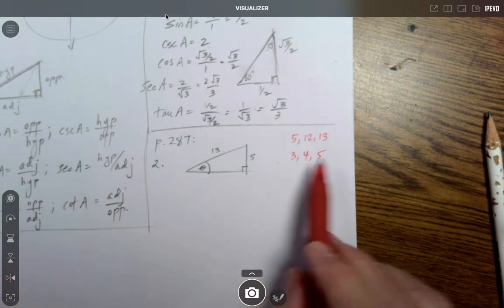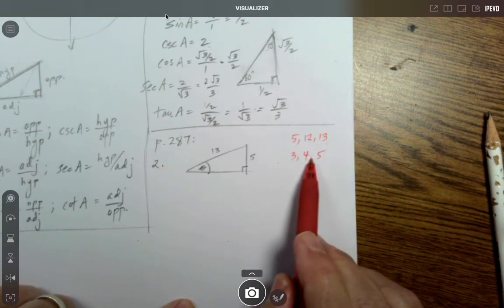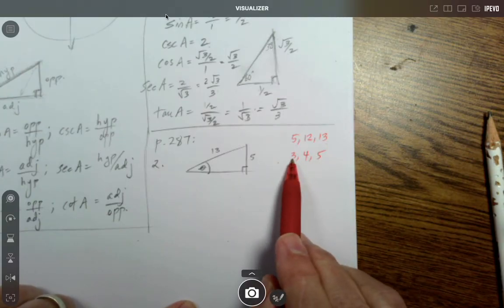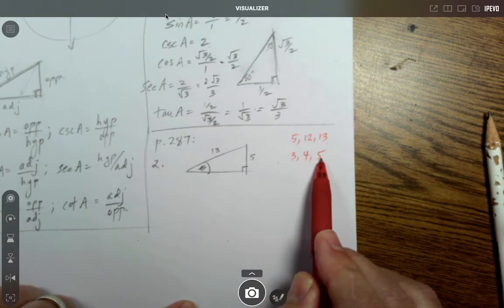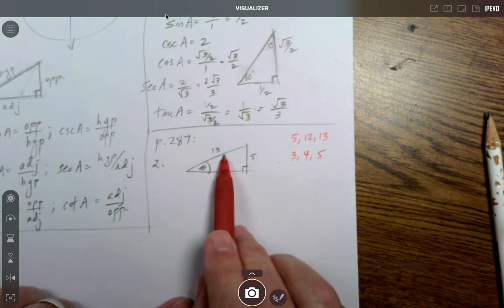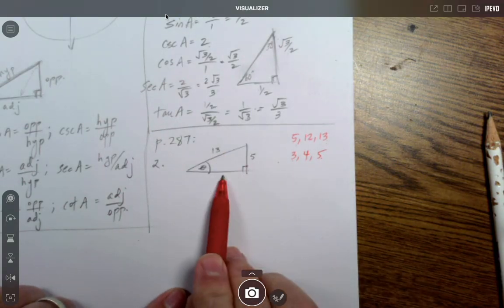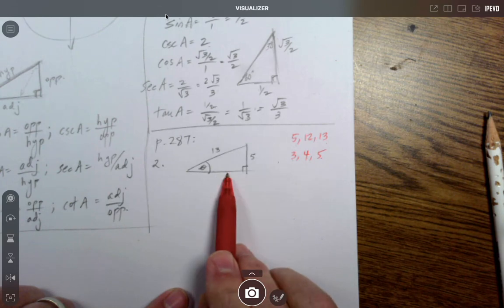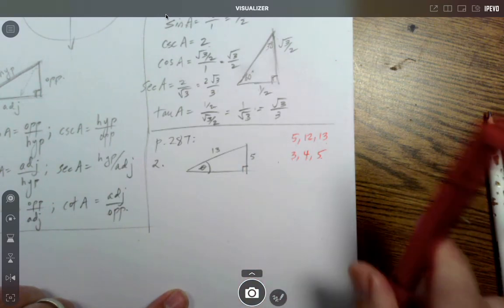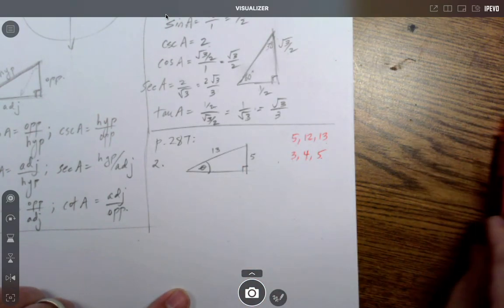But these 2 are the most common. And then, of course, multiples of these, right? So you could double all these. That could be 6, 8, 10. So you can recognize that. So I see that there's 5 and 13, so obviously this one's 12. But I know you probably don't know that, so how do you figure it out?